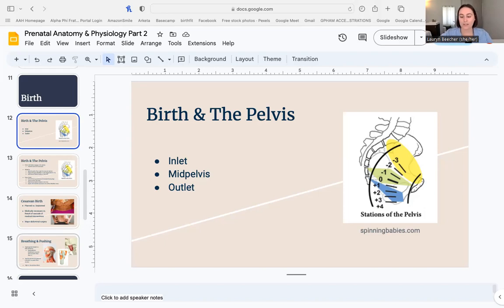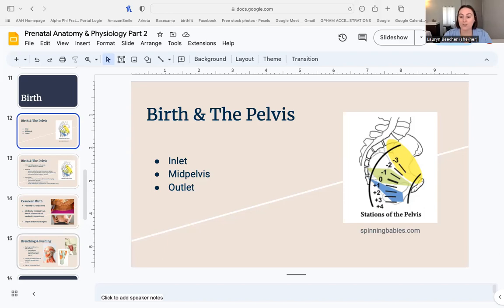I chose this picture because it has the stations of the pelvis listed. Depending on your nursing team, your midwife or OB team, if they're doing cervical checks, they may mention, oh, the baby's high in the pelvis, the baby's station 2, station 3.